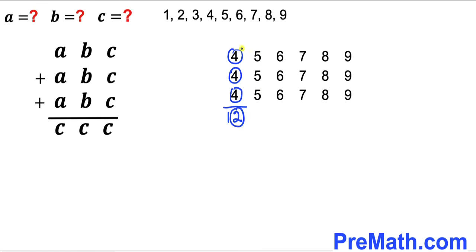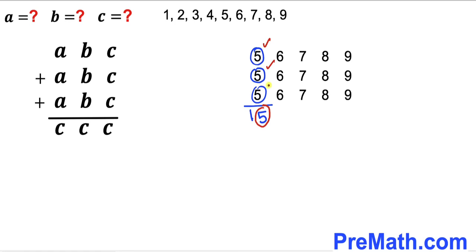So 2 is not same as 4. So that is not a good option as well. And now let's try 5 plus 5 plus 5, which is going to give us 15. And now we can see this number 5 is same as these numbers. So therefore number 5 is going to work for us.